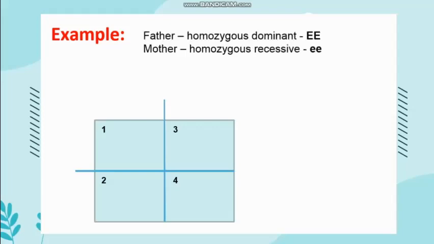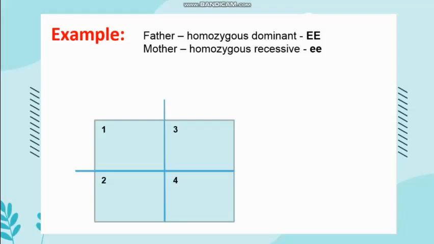Let us have the following as the genotype of the parents. For the father, he is considered as the homozygous dominant. Again, it will be written as both capital letter E. And the mother is homozygous recessive. That means she has an attached earlobe, which is represented by the genotype of both small letter e.